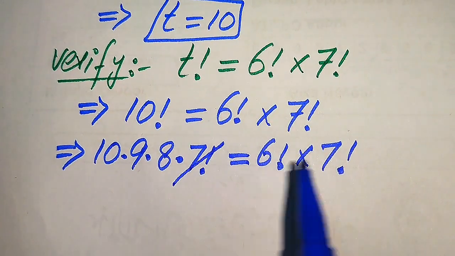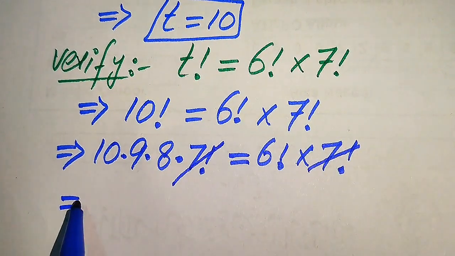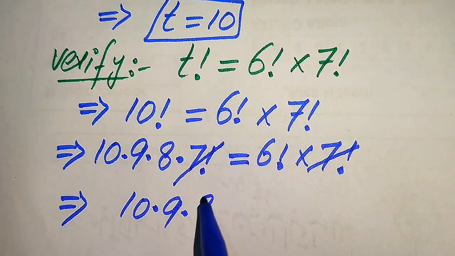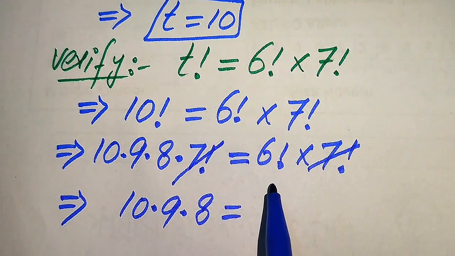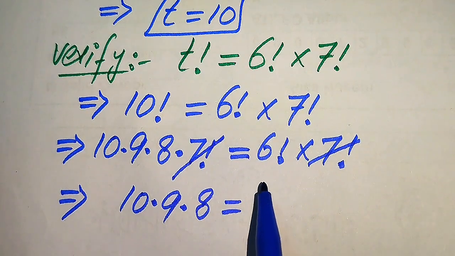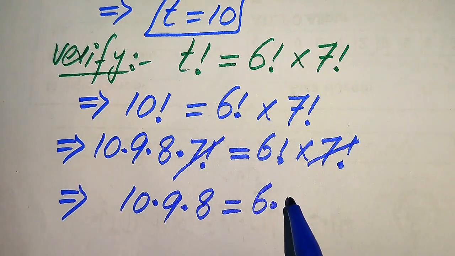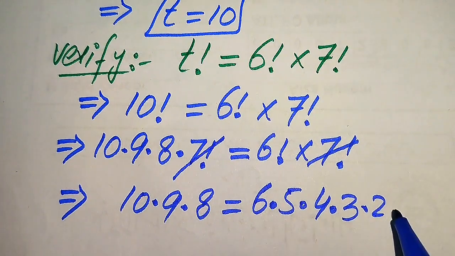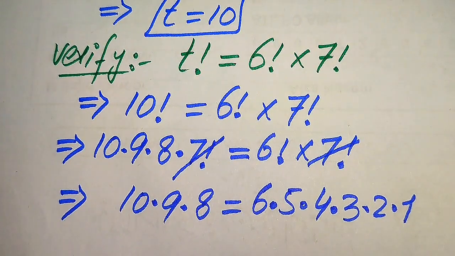And now you see here this 7 factorial is cancelled out by this 7 factorial. We get the remaining values: 10 times 9 times 8 equals 6 factorial, and we expand this 6 factorial as 6 times 5 times 4 times 3 times 2 times 1.